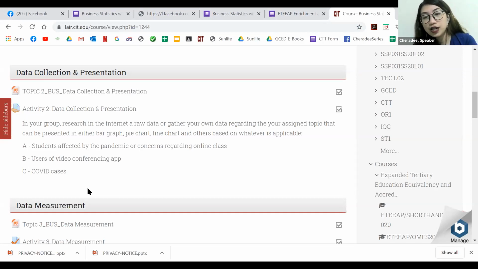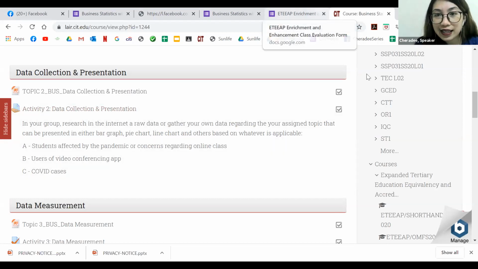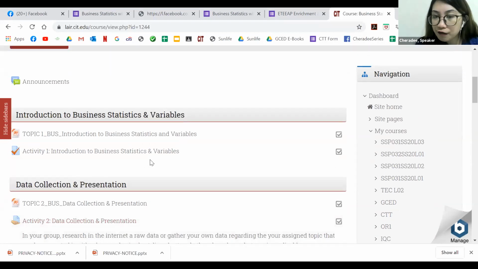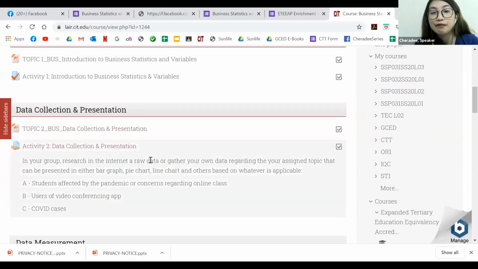After that, you put it in a table and then graph. Since I have already your class list, I will be grouping you in Moodle, so one submission only per group. Okay? And then you can choose, it's fine if the data is already existing.